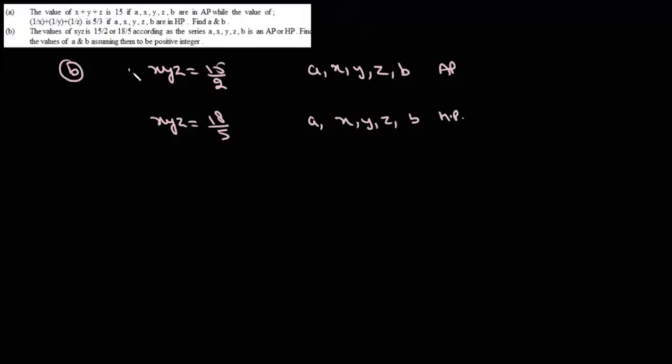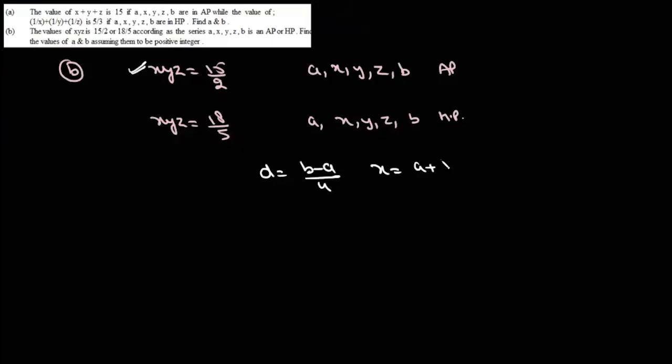Now we'll take the first case, when a, x, y, z and b are in AP. Now the common difference of this AP will be simply (b - a)/4. So this x will be simply a + d.